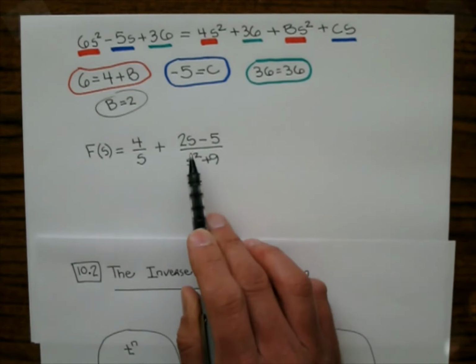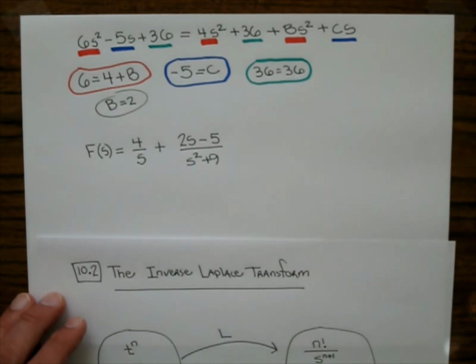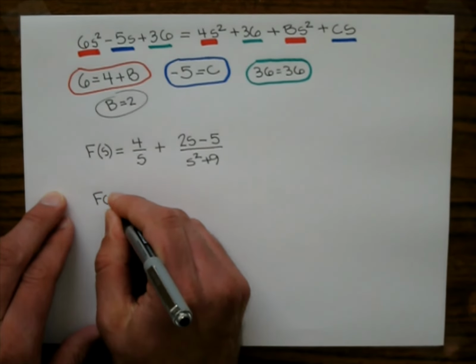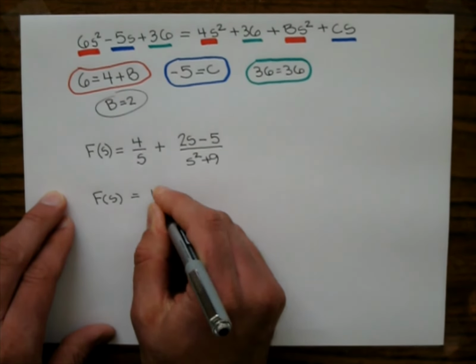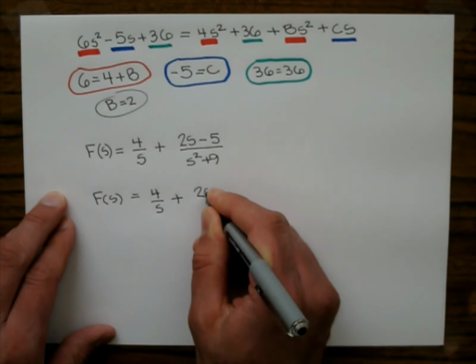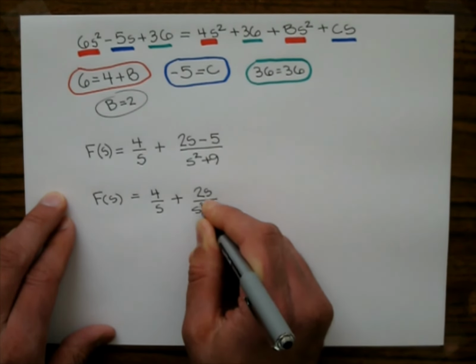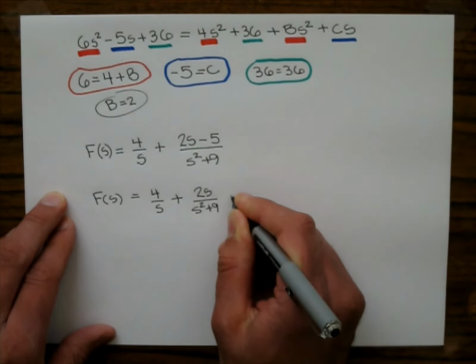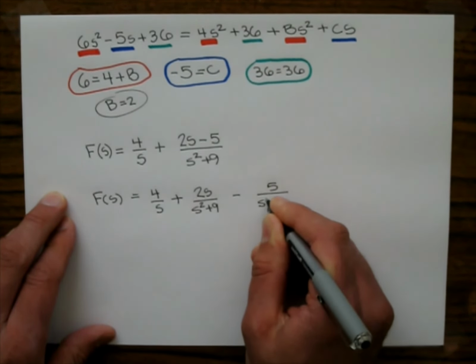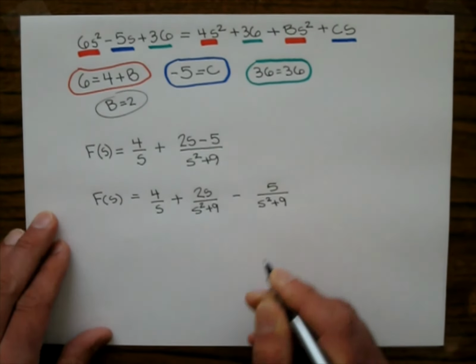So what I'm going to do is split that fraction. Okay, so here goes. I have 4 over s plus 2s over s squared plus 9, then we have minus 5 over s squared plus 9.